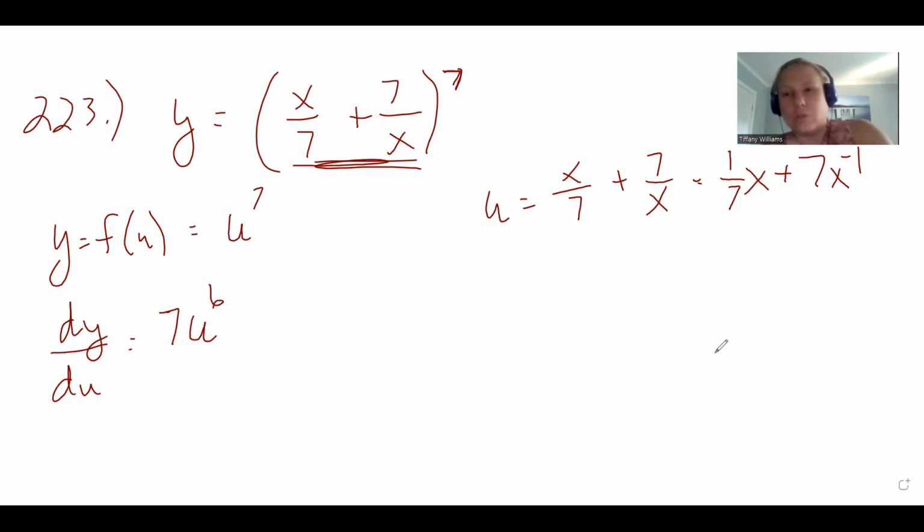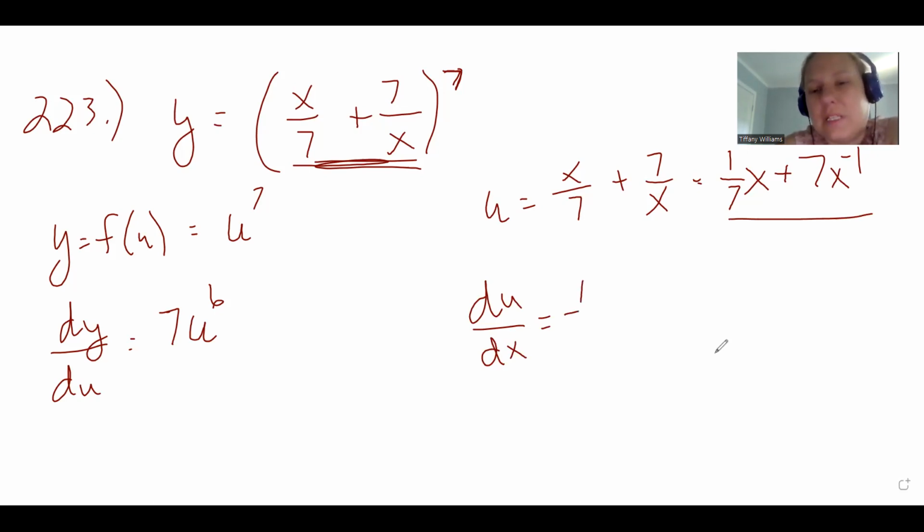So I'm saying I need to multiply by the derivative. I've been leaving that part out because we figure out what du dx is over here. If I take the derivative of this part, this should be 1/7 minus 7x to the negative 2. So that's du dx.